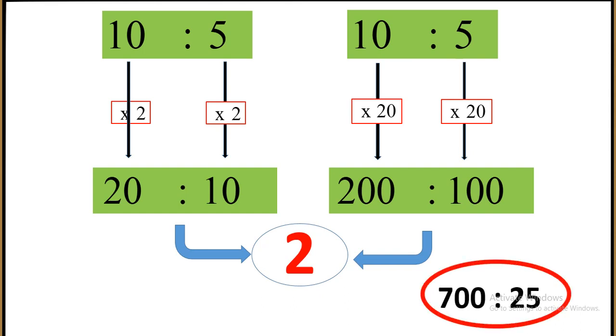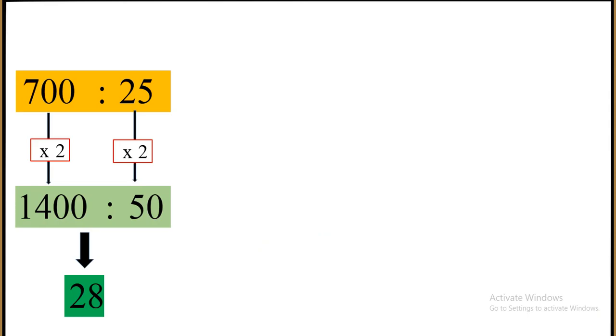So how about the initial problem we talked about, that is 700 divided by 25. How do we change this expression to another expression that gives us the same result? Okay, let's see. 700 divided by 25, both multiplied by 2, gives us 1400 divided by 50.